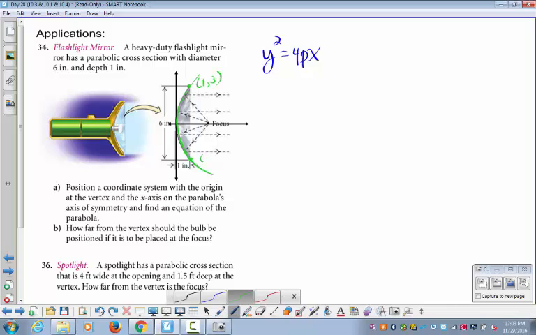Similarly, this point down here would be (1, -3). So if we take one of those points and plug it in, so if we plug in -3 or 3 for y, we get 9 equals 4p times x, which is 1. So that tells us that p is equal to 9/4. So how far from the vertex should the bulb be positioned if it's to be positioned at the focus? 9/4 inches.